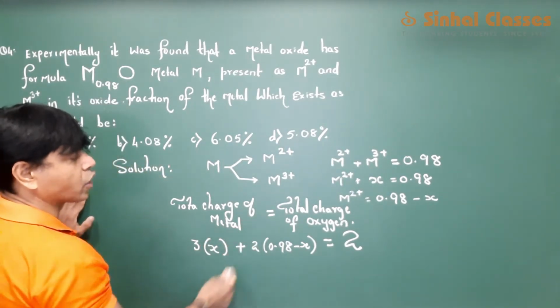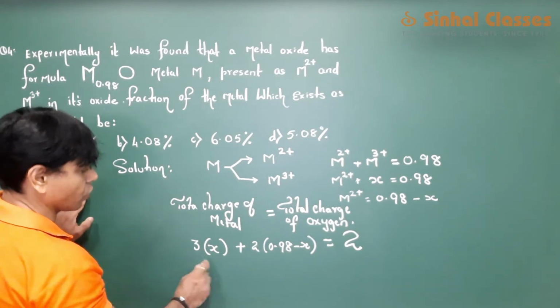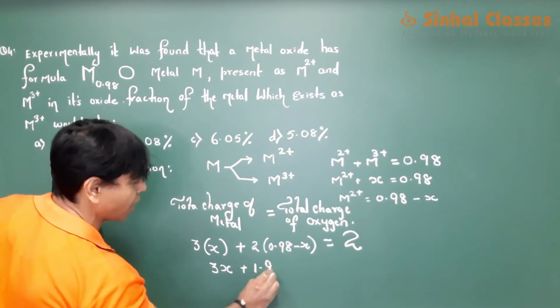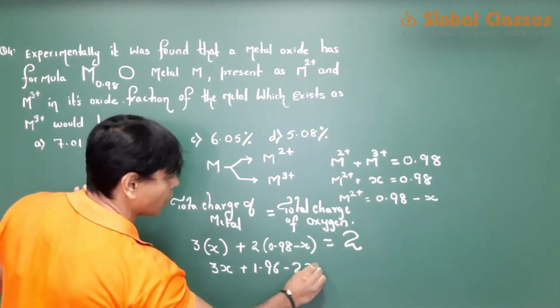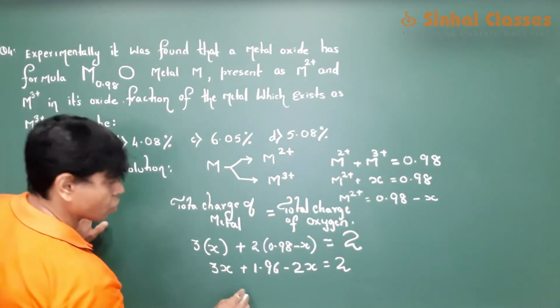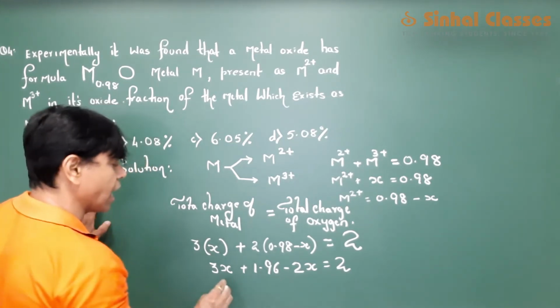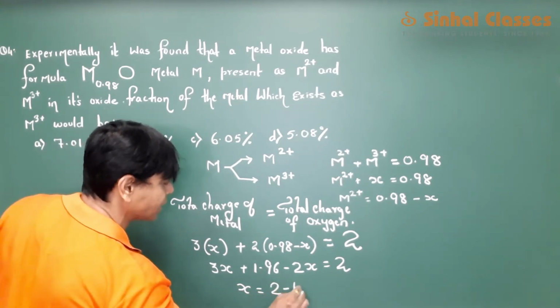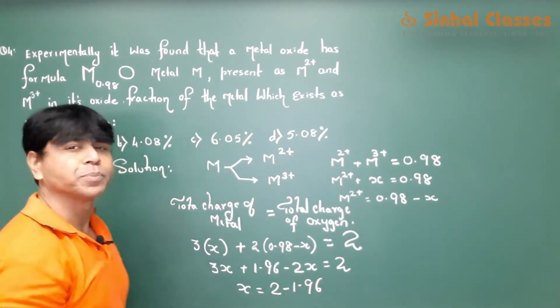Total charge should be equalized. So in this case, it will be 3x plus 1.96 minus 2x is equal to 2. So in this case, it will be x will be equal to 2 minus 1.96.